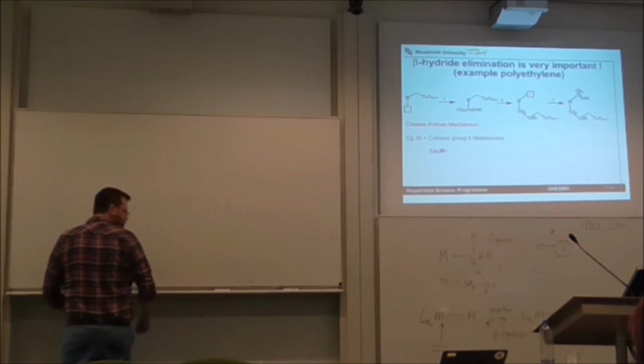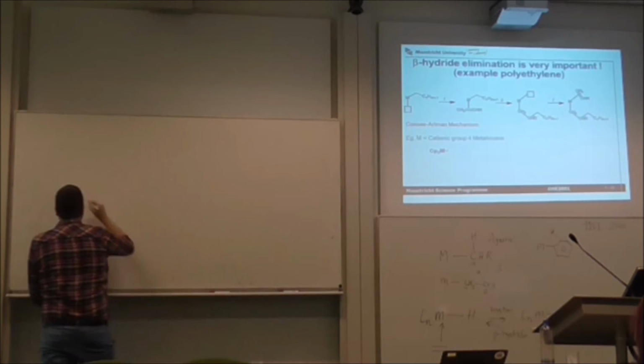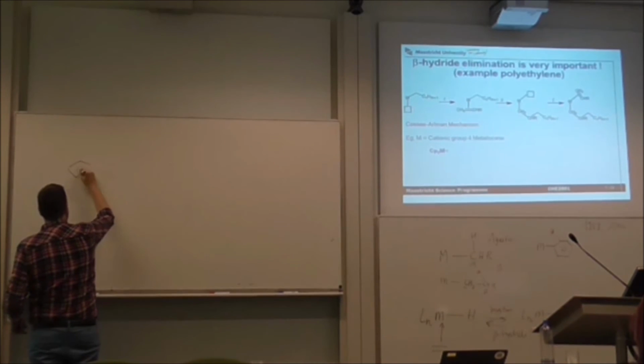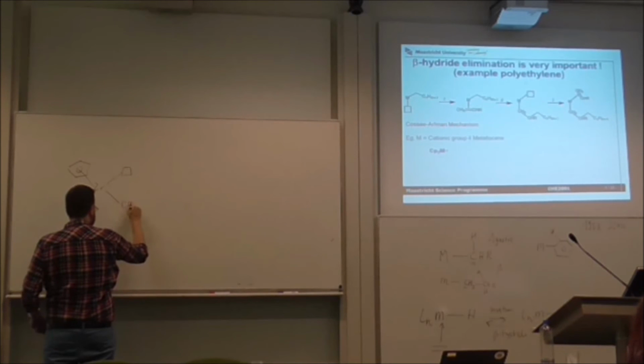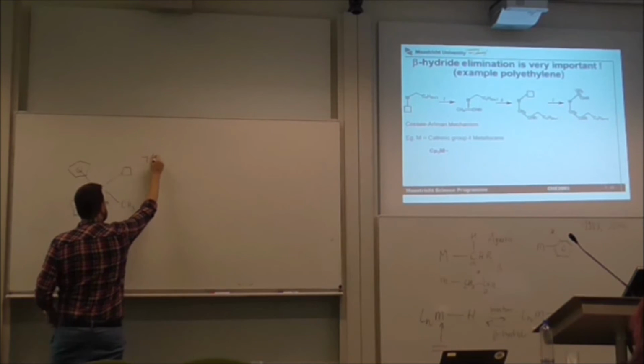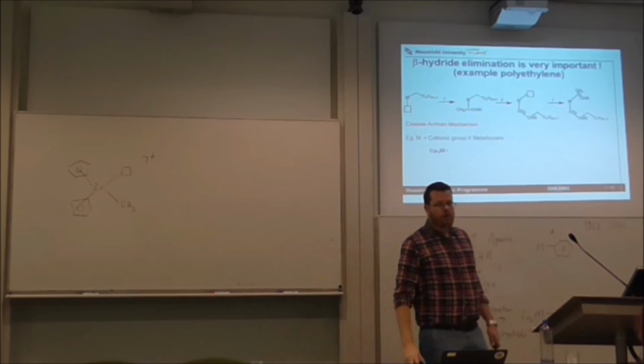It's absolutely beautiful. So you have something like this. Now remember what I said this morning. Molecules, complexes, have personality. So let's say we start off with something like this. This is a cationic zirconium-4 compound.